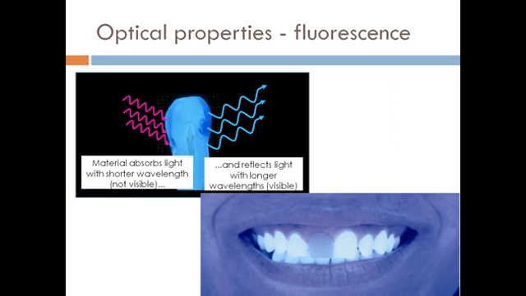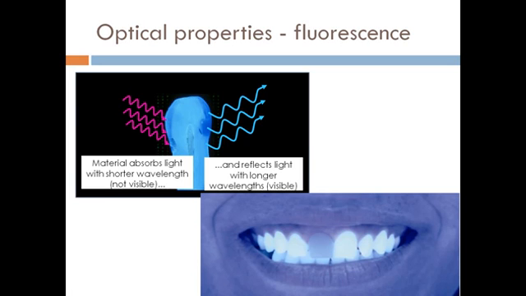Optical properties are something we talked about in the materials section, in the first section of the course. Fluorescence is a property of the tooth, which means that the material absorbs light with a shorter wavelength and emits light with a longer wavelength.